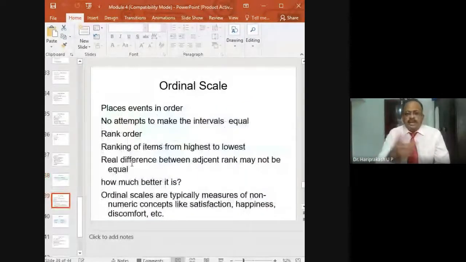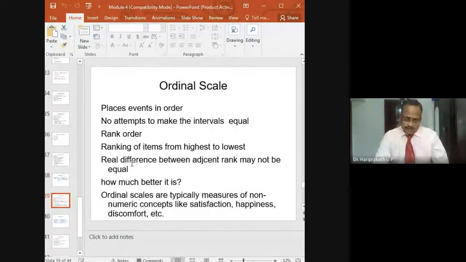Next is the ordinal scale. A very good example of an ordinal scale is ranks. In academics, ranks are given to the academic performers: first rank, second rank, third rank. Here also you see numbers, but they are not the numbers used in the nominal scale. For players, the same numbers are given, 1, 2, 3, 4. In rank also you use 1, 2, 3, 4, but there is a difference.